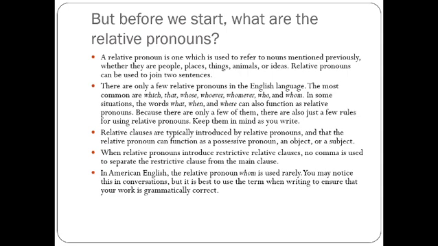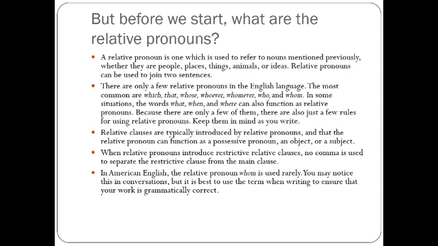In some situations, the words what, when, and where can also function as relative pronouns. Because there are only a few of them, there are also just a few rules for using relative pronouns. Keep them in mind as you write. Relative clauses are typically introduced by relative pronouns, and the relative pronoun can function as a possessive pronoun, an object, or a subject.